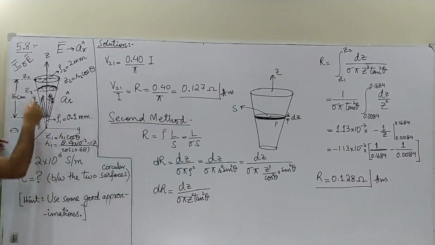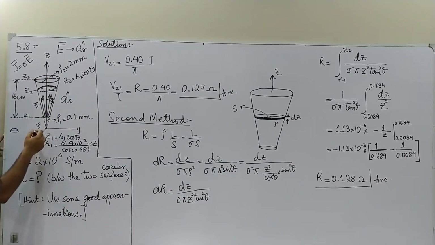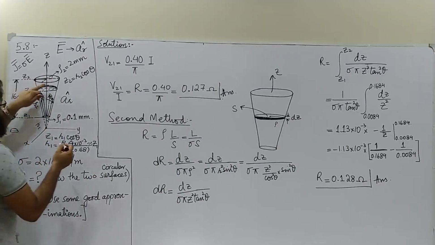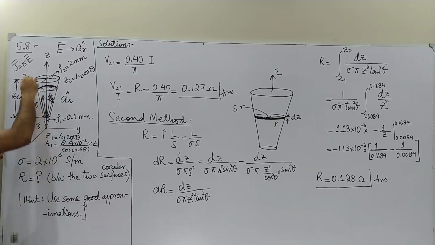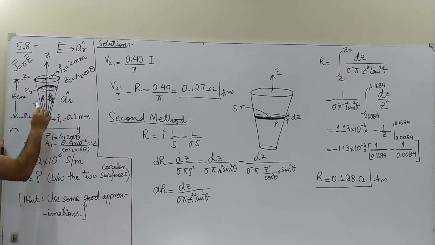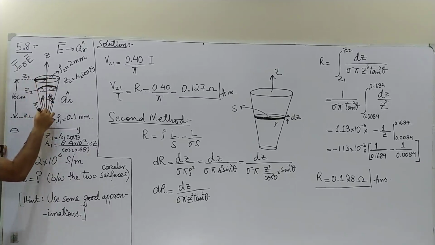And from this figure, we know that the radius rho is related to r, which is the radius of the sphere, and theta: r sine theta is this, because this is a right angle triangle.